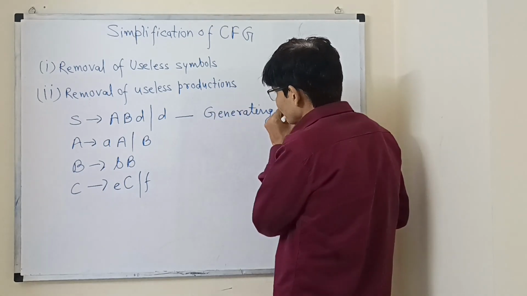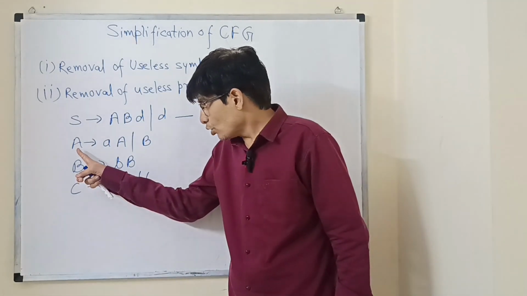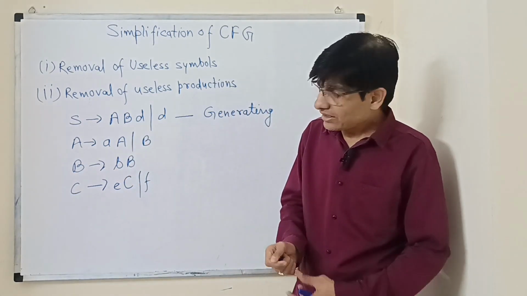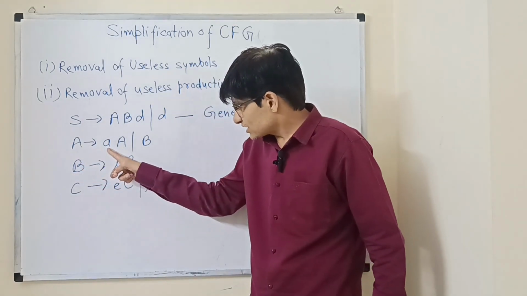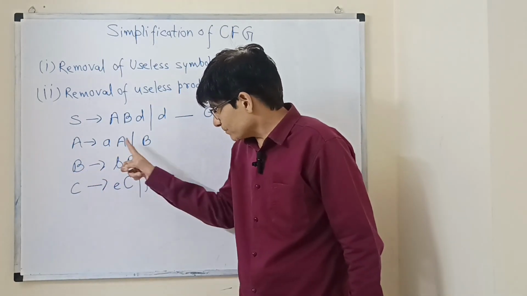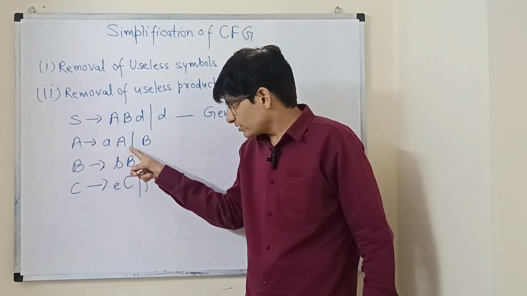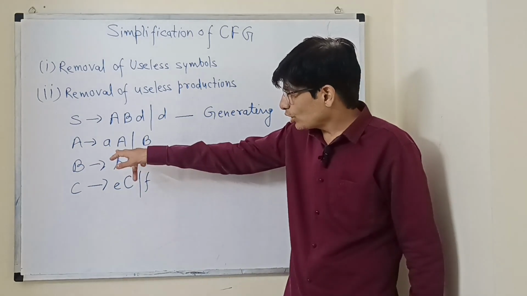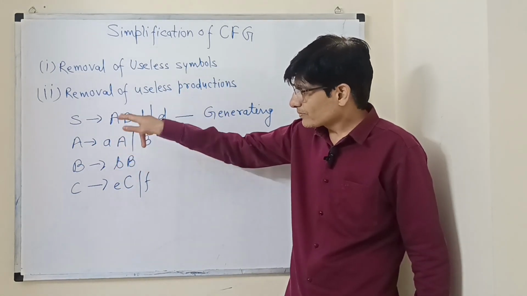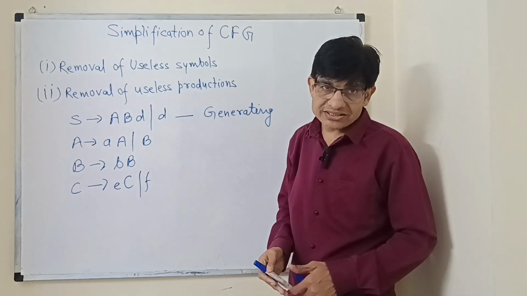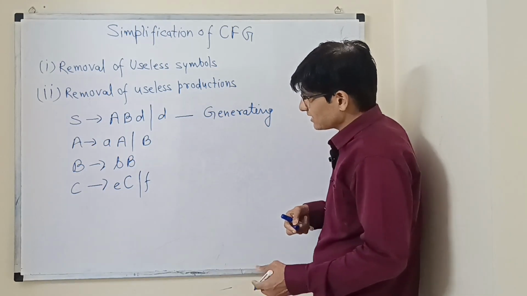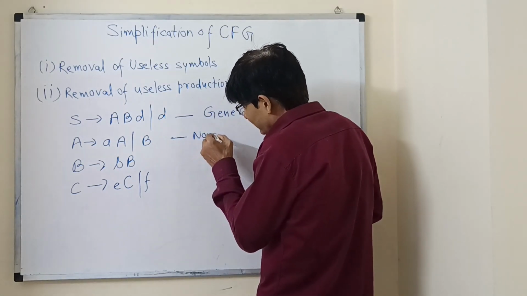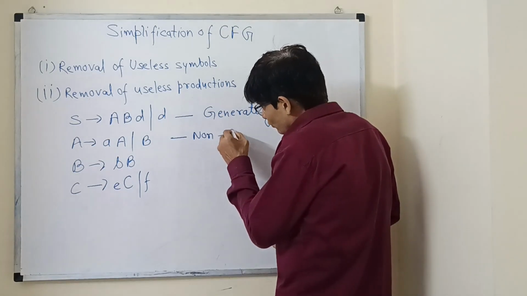It is a generating variable. Now you can see, my friend, all productions of A have a variable on the right-hand side. So you can see A gives small a, capital A gives B. So this is not generating any string of terminals only. That means it cannot participate in the generation of the final string of the language. So we can consider A as a non-generating symbol, a non-generating variable.